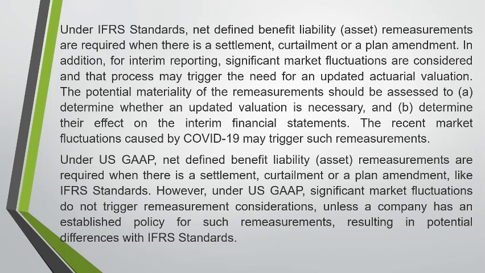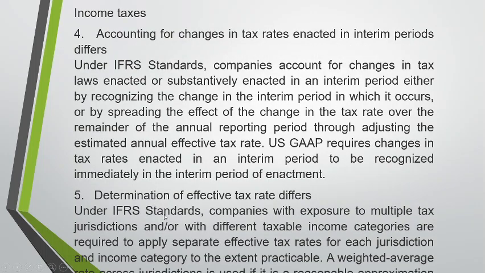Under US GAAP, net defined benefit liability measurements are required when there is a settlement or curtailment of a plan, like IFRS standards. However, under US GAAP, significant market fluctuations do not trigger measurement consideration unless a company has an established policy for such measurement, resulting in potential differences from IFRS standards.